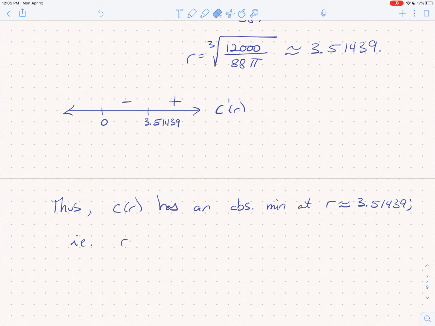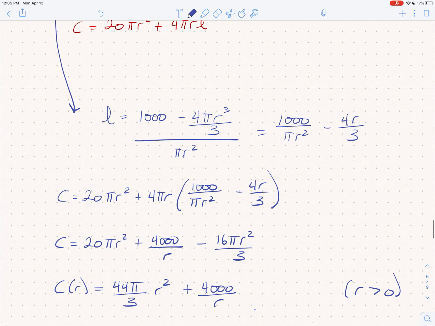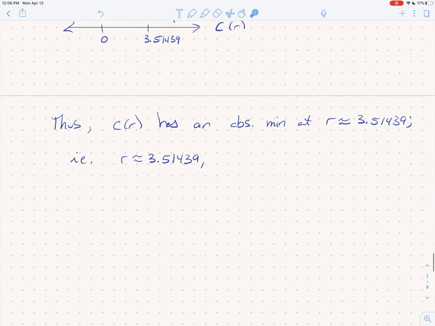And then we should answer the actual question, i.e. r equals, let's again say roughly 3.51439. You can go back now into your formula for L and plug in r and solve. I won't work out the details, but I'll tell you what you get. You're going to get L equals 21.0863.